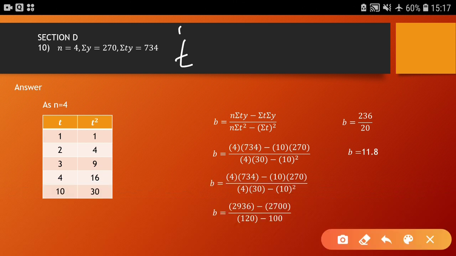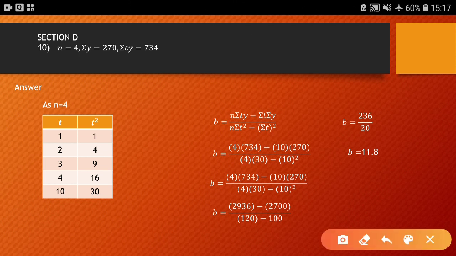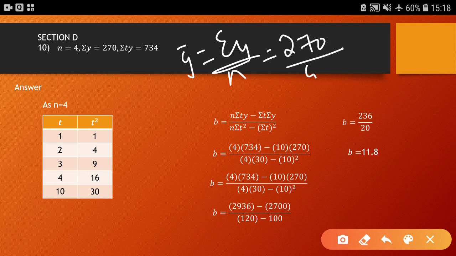If you want to find t bar, it's sigma t upon n. It's 10 upon 4, that is 2.5. And if you want to find y bar, it is sigma y upon n, that is 270 upon 4, it is 67.5.